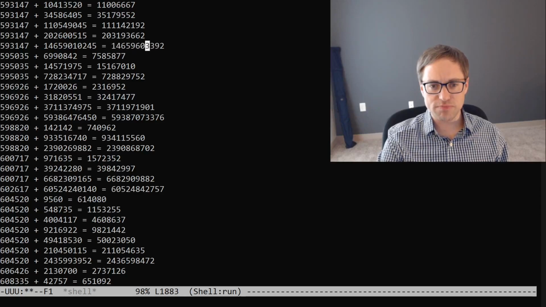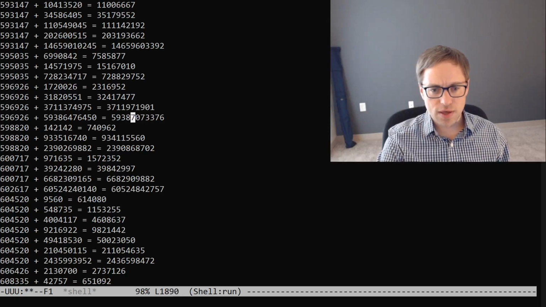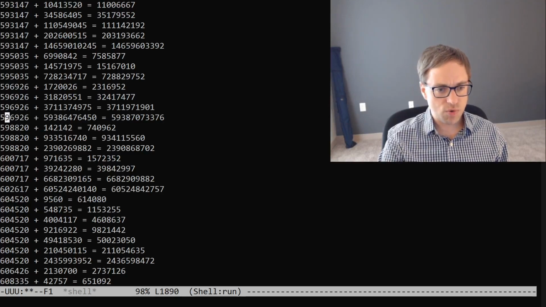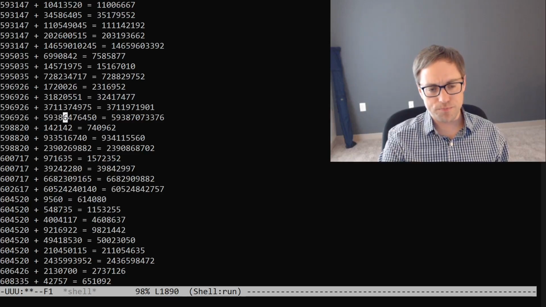This value in particular looks like it's 14 billion or so, and I think some of these other values are even larger. It looks like almost 60 billion here, quite large values, even though our value for D is still relatively small, only 500,000, almost 600,000 or so.